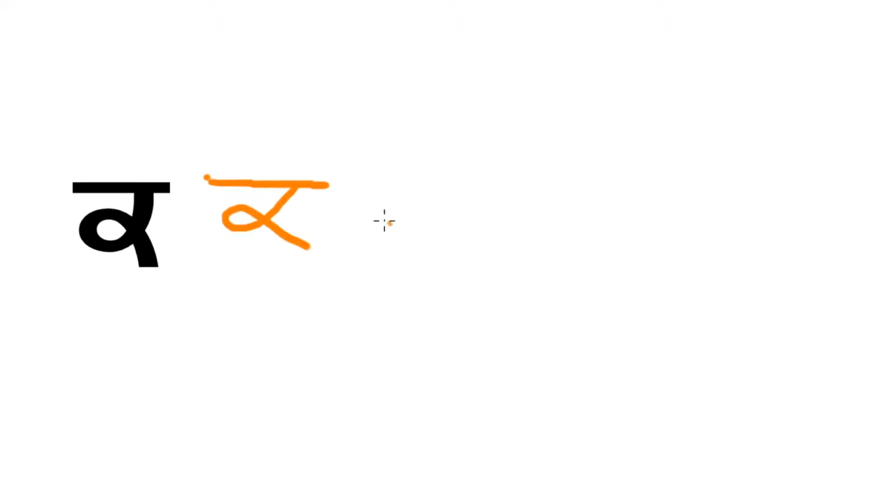It kind of does look similar to the English letter K, or the Roman Latin letter K, so it's not too difficult to get right. We just begin like that and finish off like that. One more time, we draw a horizontal line from left to right and then curve and finish off like that.